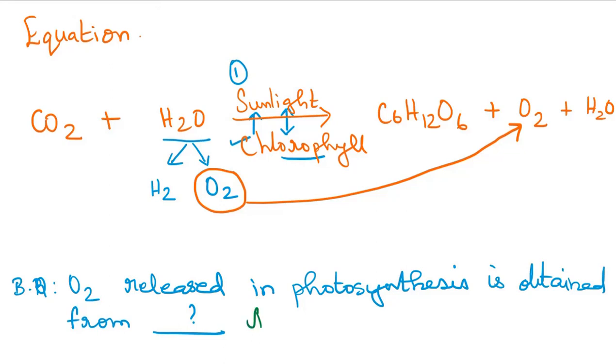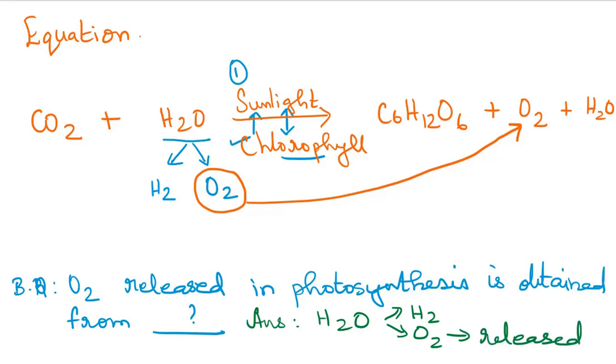So the answer is water. The water breaks up into hydrogen and oxygen, wherein oxygen is released into the atmosphere. So this is one of the important board questions you can expect for 1 mark.